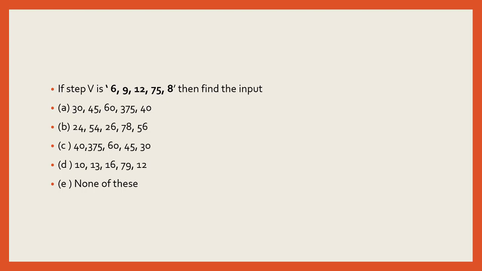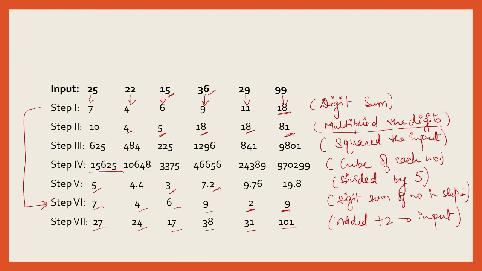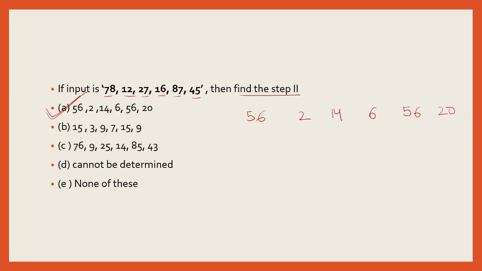If in a question following the same pattern which we have taken in the example just discussed, step 5 is 6, 9, 12, 75, 8, find the input. So let's first recall what was step 5. In step 5, we have divided each number of the input by 5 to get the numbers given in step 5.